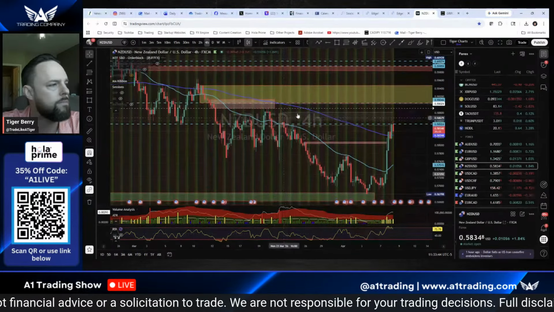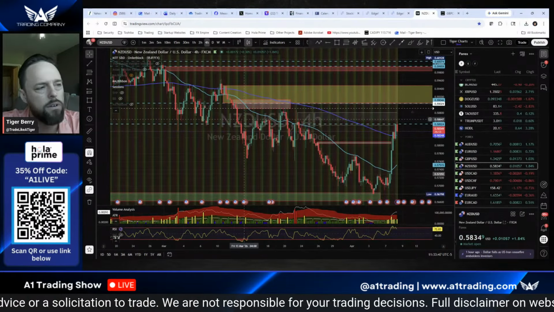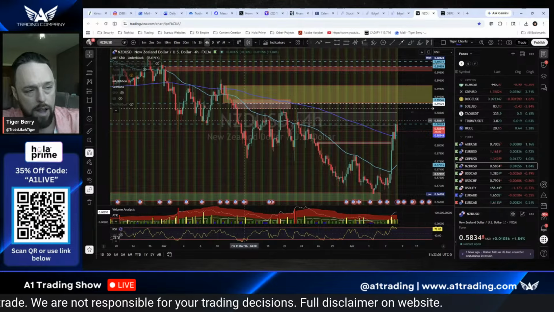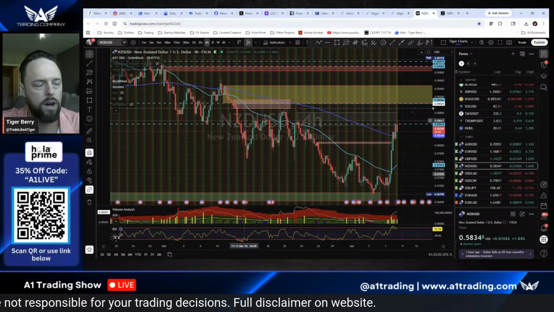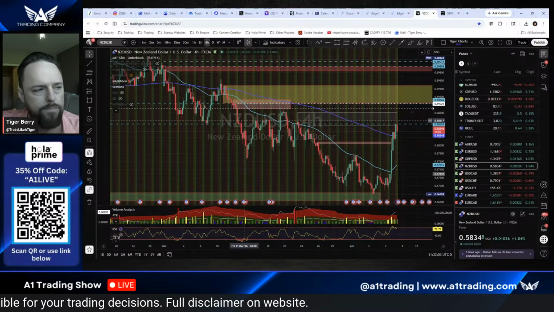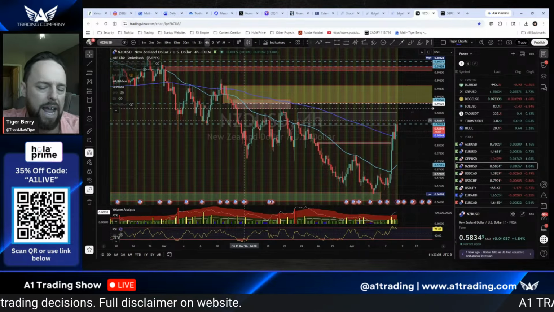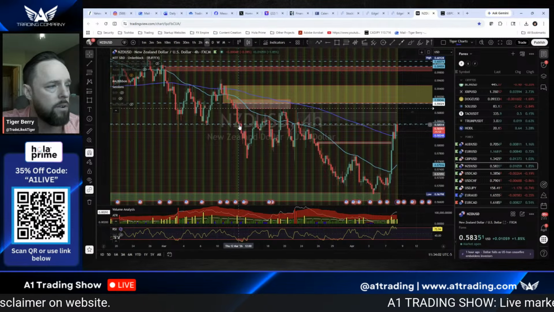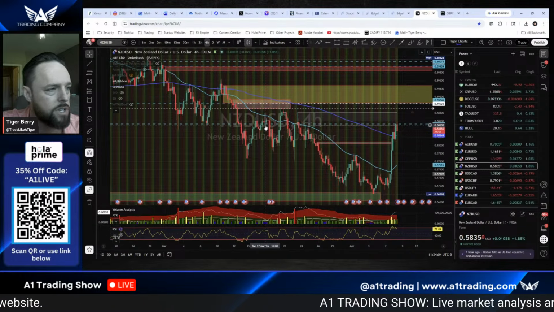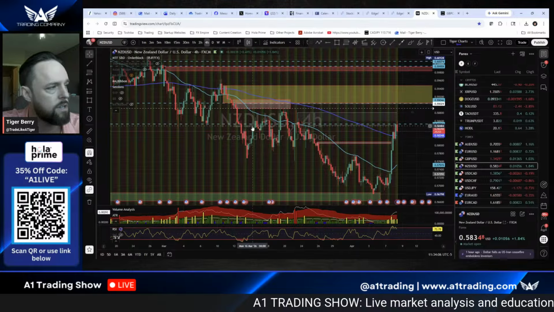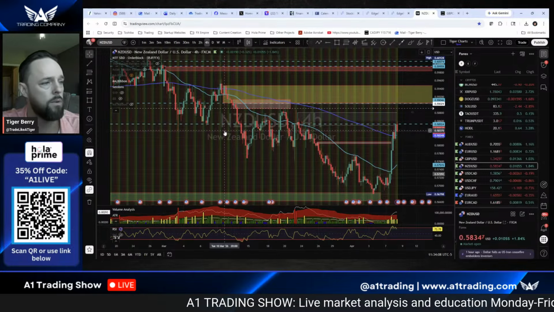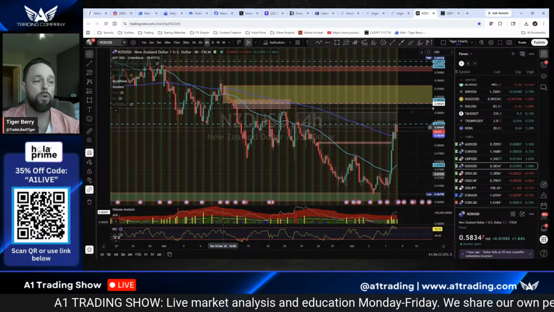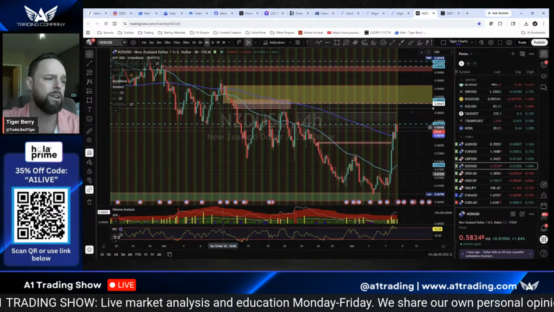On Kiwi Dollar, just like the Euro Dollar, just like all these dollar-based pairs, obviously it flipped and did a 180-degree retracement, if you will, whenever we had the ceasefire announcement last night. Kiwi Dollar is no different. Now, since we're wanting to short this thing, according to the Edge Finder, I really like what it's doing as far as retracing higher to a premium spot to be able to look at a possible sell.